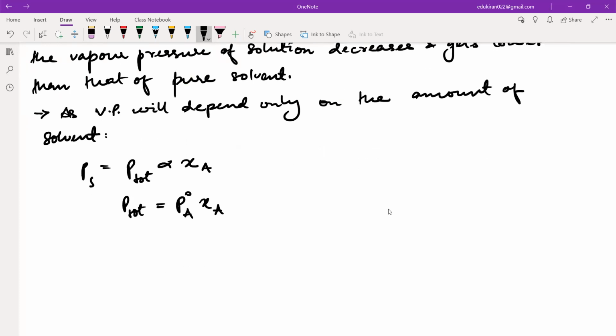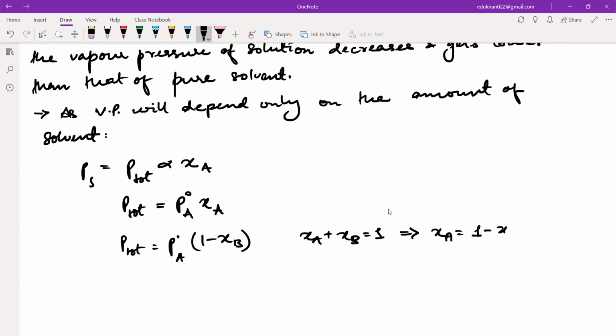Also, chi A can be written as 1 minus chi B, because chi A plus chi B is equal to 1. So P total equals P naught A times (1 minus chi B), which is P naught A minus P naught A chi B.